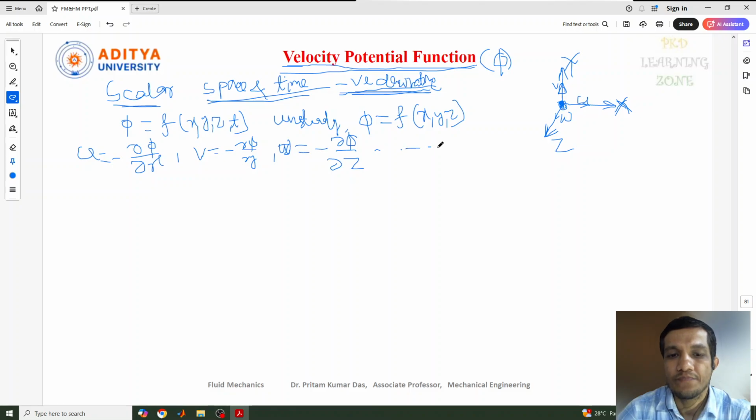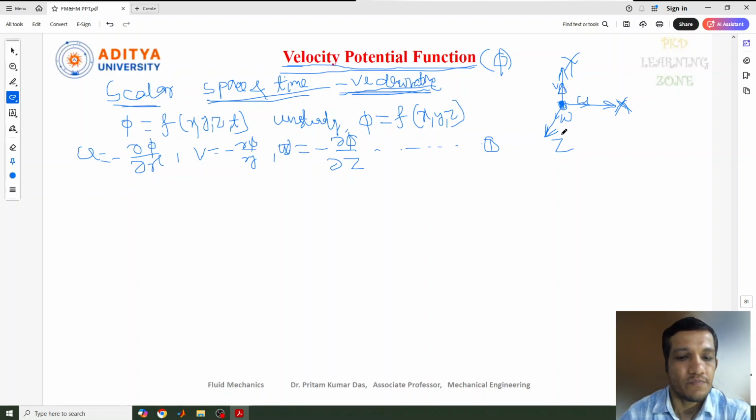These are the velocity components u, v and w in the three different directions, x, y and z.